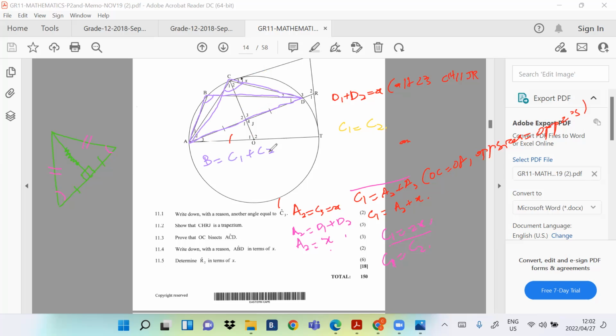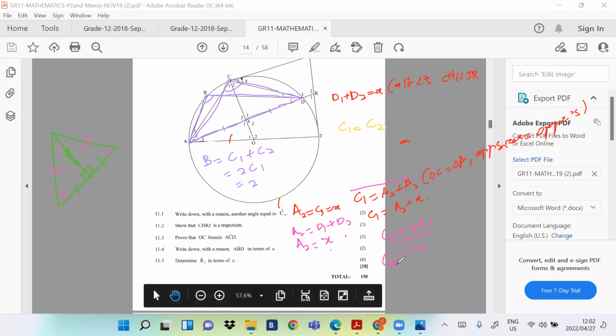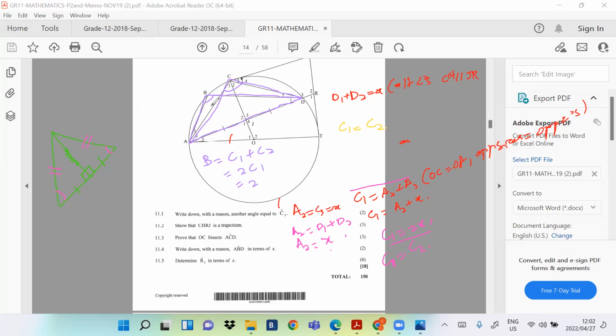And then C1, we just proved C1 is equal to C2, right? What was C1? Was it 2X or was it X?